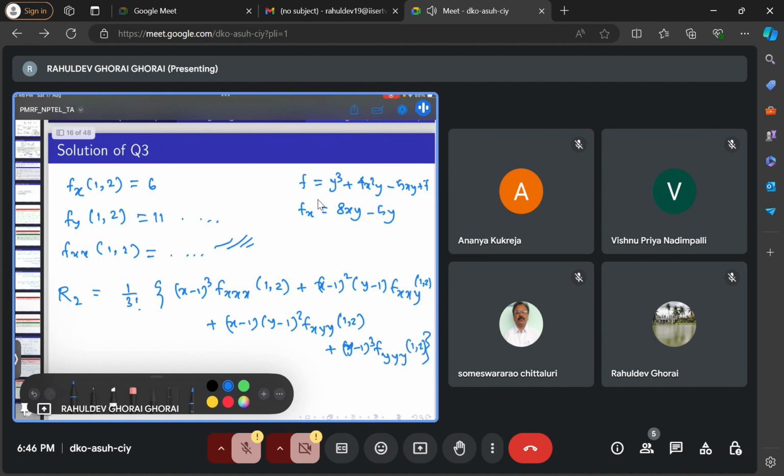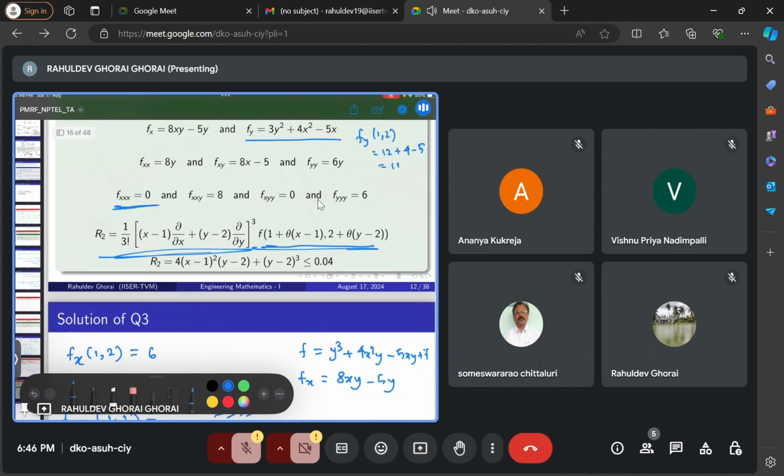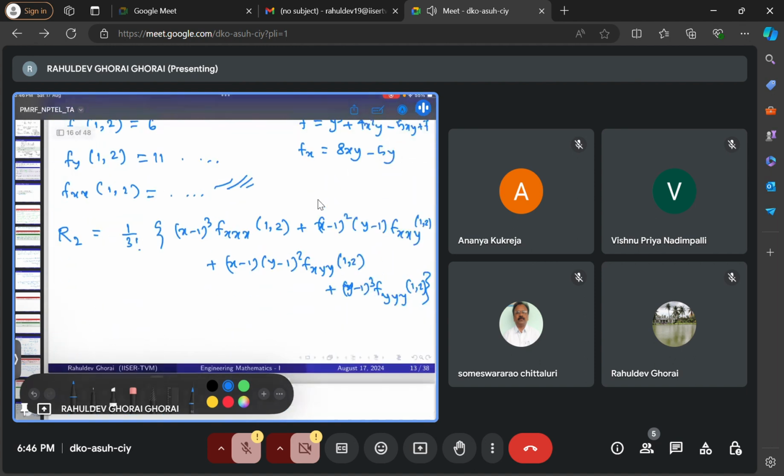Now we see what are the values of fxxx. The fxxx is 0 and fxxy is 8, fxyy is 0, fyyy is 6, right? So if you put all these values, 1 over 3 factorial, fxxx is 0, so the first term will not be there.